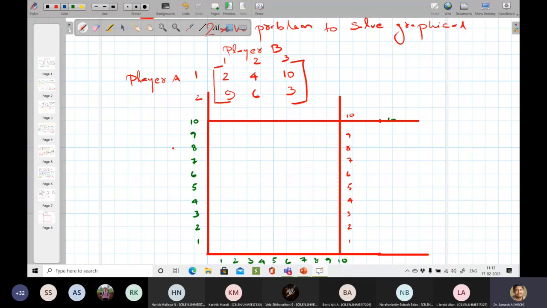Now select the first set of values. The first set is player A strategy 1 and strategy 2 against player B's first strategy, so it is 2 and 9. I will mark the 2 on one side and the 9 on the other side, so 2 cross 9, and connect them using a straight line.